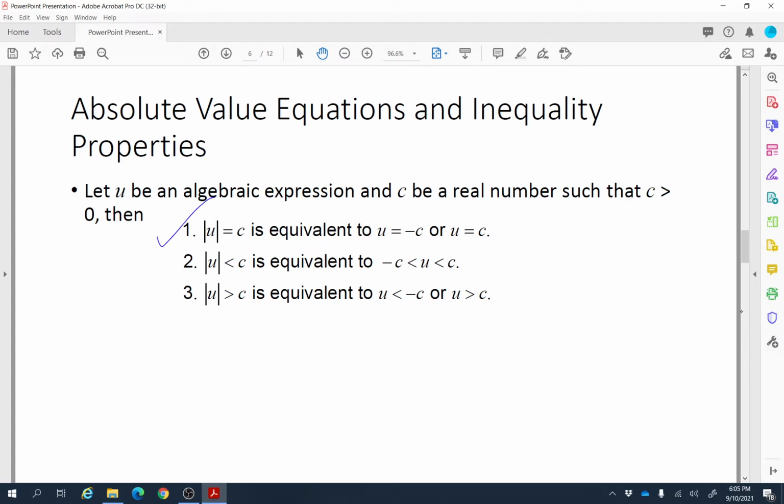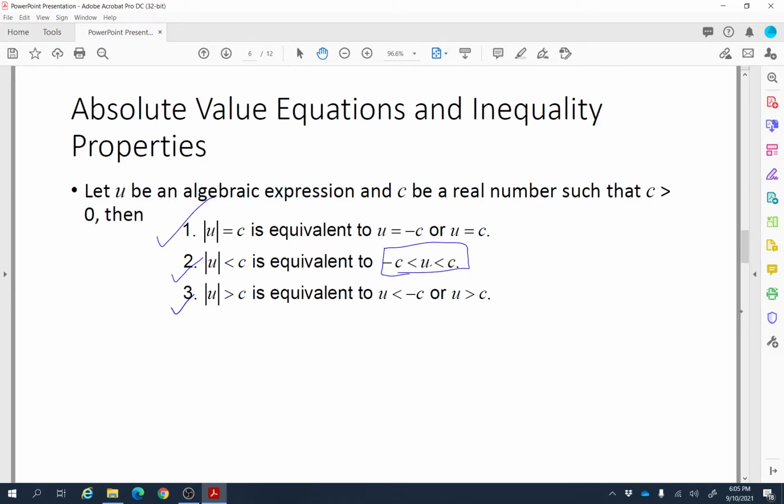So there are three situations. If you are given the absolute value of an expression equals c, the expression here, in this case u, could be a negative number or a positive number. If the absolute value of something is less than some constant, that something is in between negative of that constant and positive of that constant.